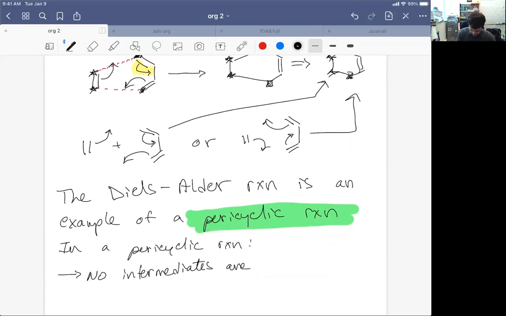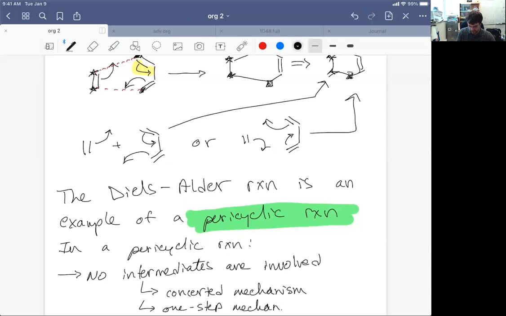So we say no intermediates are involved, and that's another way of saying we have a concerted mechanism, or a one-step mechanism, however you want to think about it.